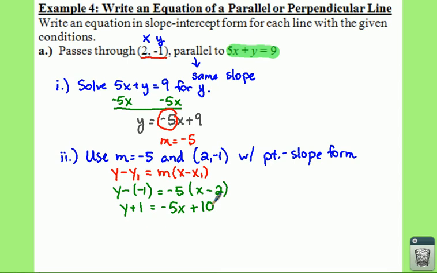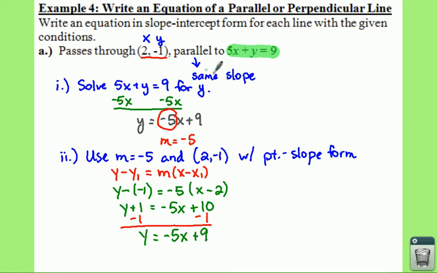And so we just need to subtract 1 from both sides, and we get an equation of y equals negative 5x plus 9.